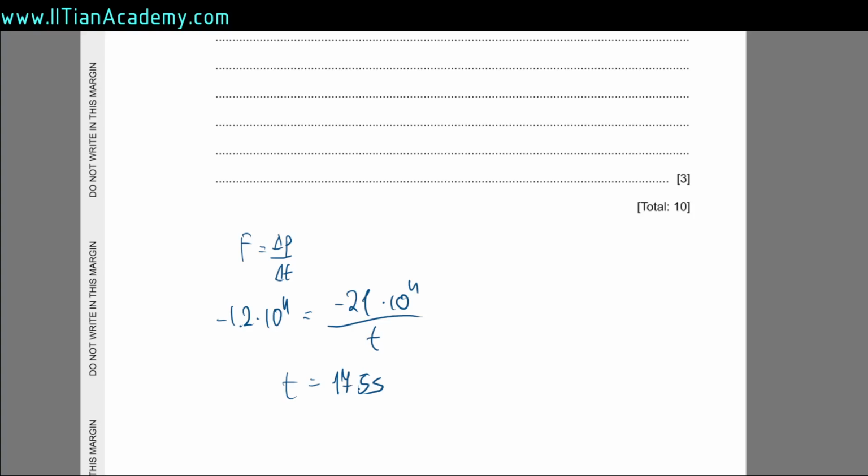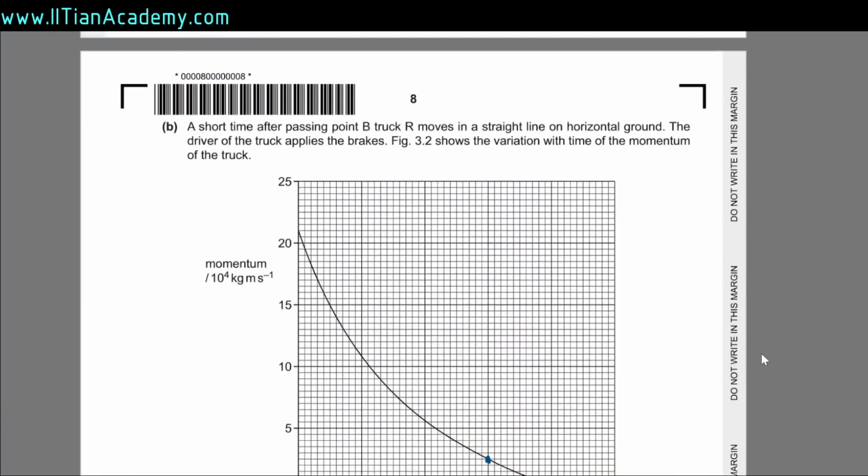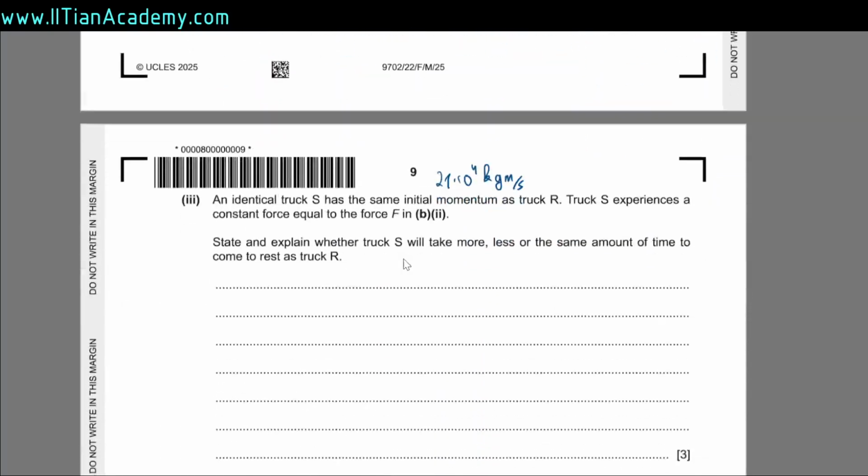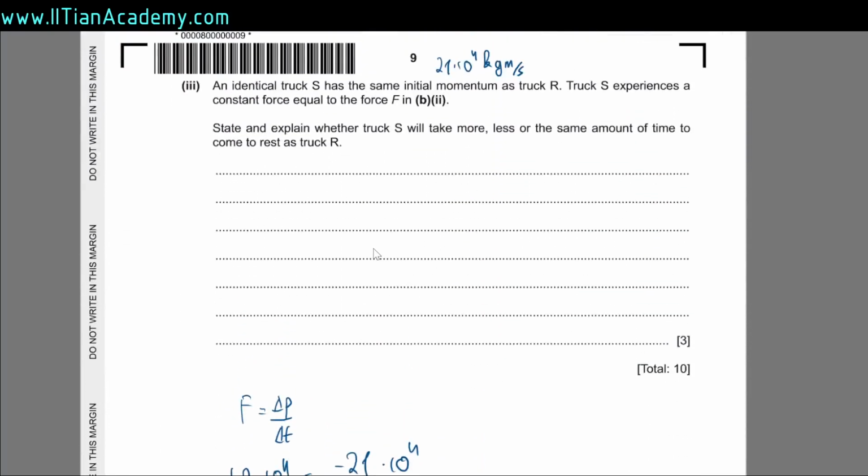And then we can compare this with the other truck based on the graph. So if we come up here, we see that it's somewhere over here. We could say like 20, maybe 22, 23 seconds to stop, maybe 22 and a half. So as we can see, truck S is going to take less time.